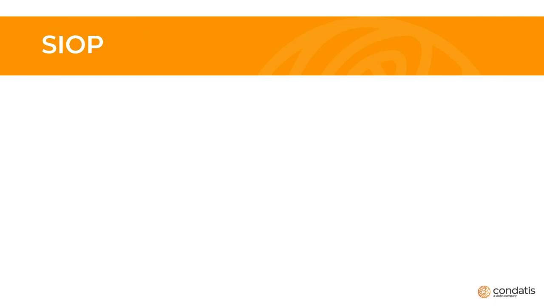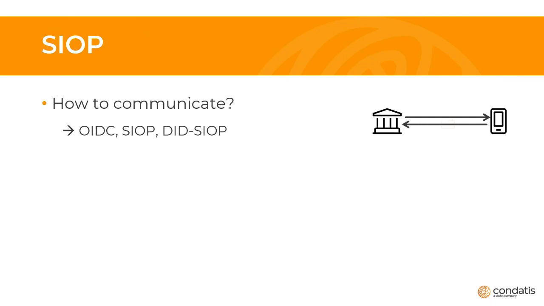So SIOP, or self-issued OpenID provider, is part of the OpenID Connect core specification. It's the part of the specification that allows for personal self-hosted OpenID providers to issue self-signed ID tokens. In the world of decentralized identity, a wallet is a SIOP, and it uses OpenID Connect to send and receive messages between agents.